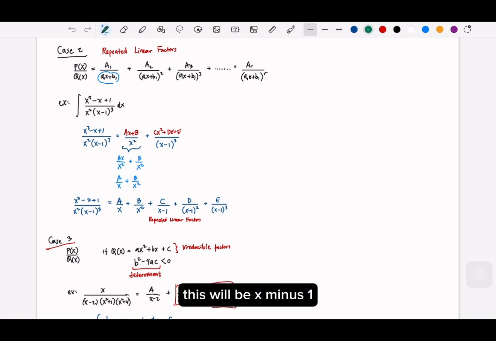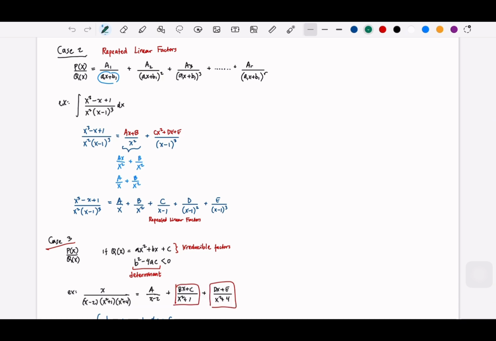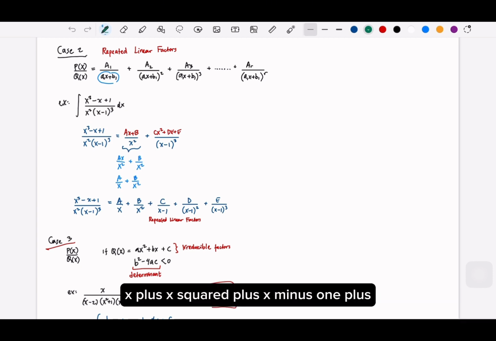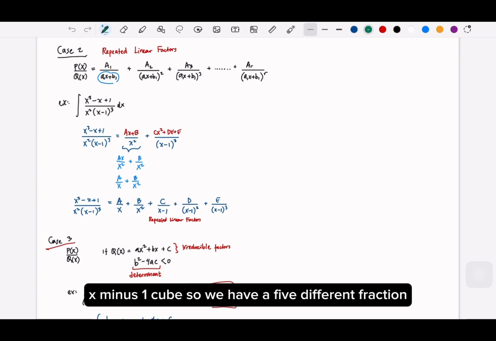This will be x minus 1. So this will be x plus x squared plus x minus 1 plus x minus 1 squared plus x minus 1 cubed. So we have 5 different fractions.